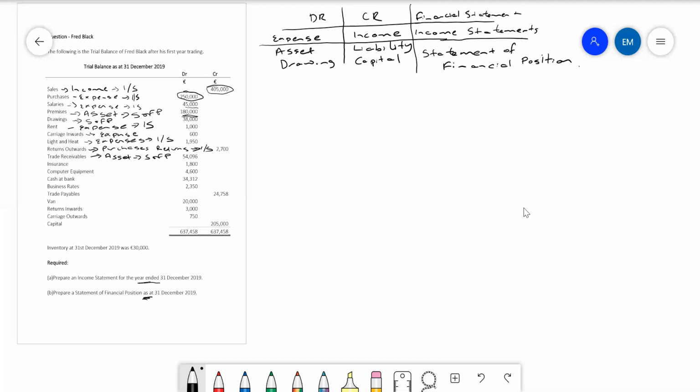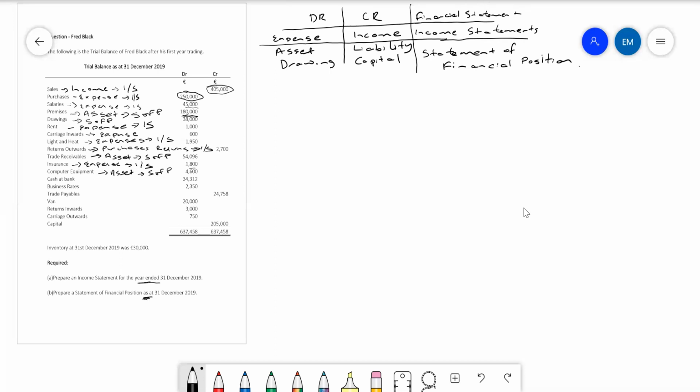Insurance is a debit balance and an expense, being a cost incurred in the running of a business. That will appear in your income statement. Computer equipment, a debit balance, is an asset that you own and use for the purposes of your business, so it will appear in your statement of financial position.